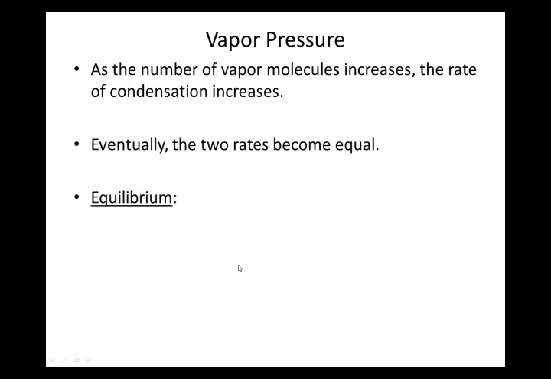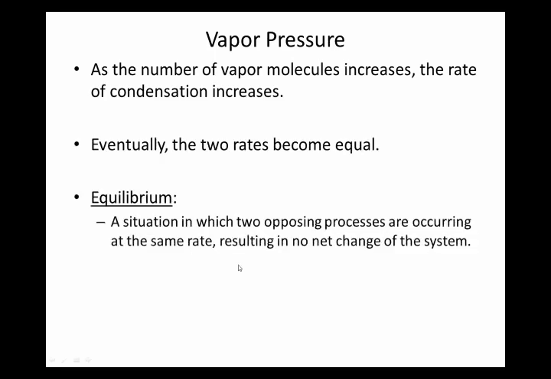At a certain point, the two rates become equal, and we reach something called equilibrium. Equilibrium is a situation in which two opposing processes, in this case evaporation and condensation, are occurring at exactly the same rate, and there's no net change. It is important to know that particles are still passing from liquid to vapor and vapor to liquid, but they're happening at exactly the same rate.